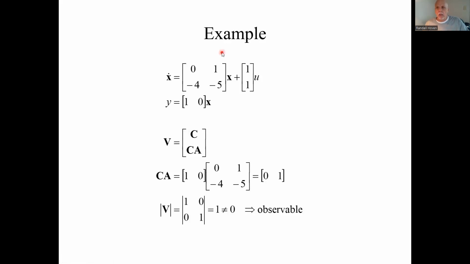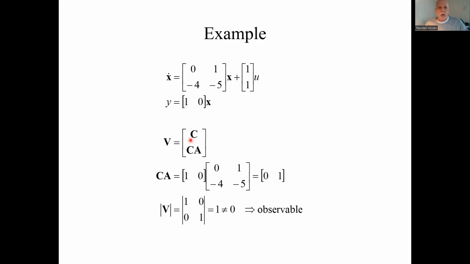Here's an example of the observability matrix. Is this the same example? I'm not sure. We're going to need to find this product CA. Here is C, here is A. Do this product, I get 2, 0, 1.